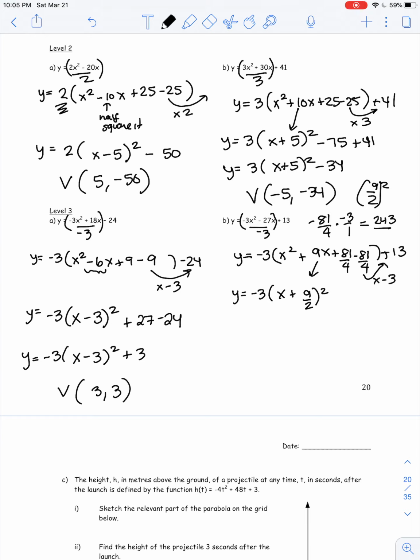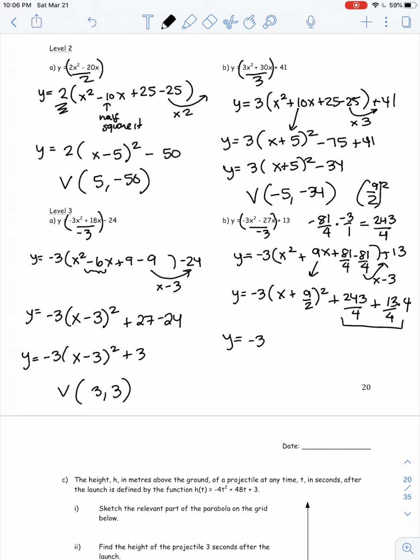243 over the, so that's multiplying the tops together. The bottoms together would just be 4. So you're going to get positive 243 over 4. But we still have to add 13 to that. So to add 13 to that, we're going to have to multiply the bottom by 4 and the top by 4, because we need common denominators with the other one that we're going to add it to.